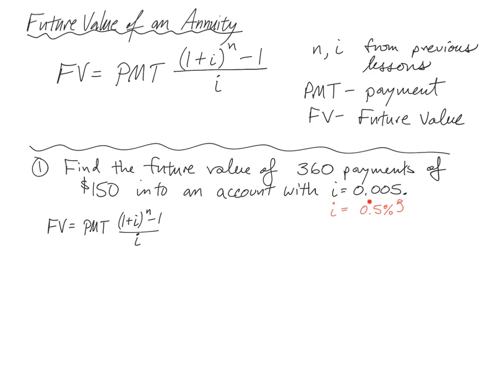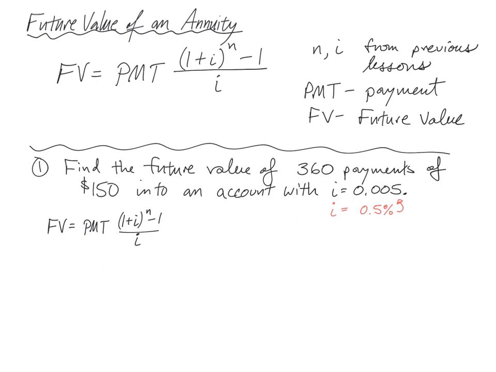This interest rate would scale up to a 6% nominal annual interest rate. So this sounds like a person who is saving $150 per month for 30 years of his or her life. Well, let's see how much money they'll have at the end of it.